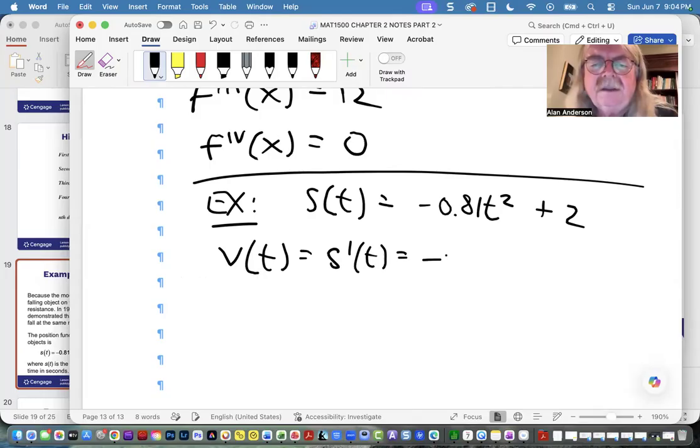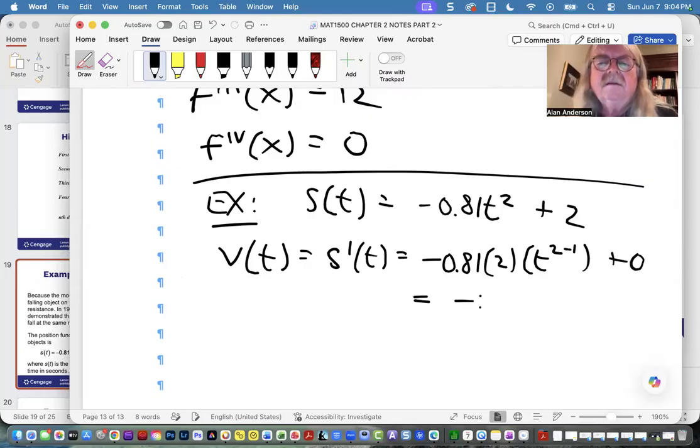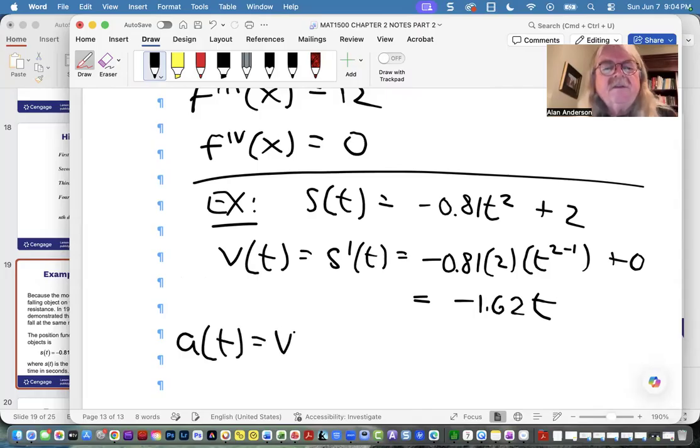All right, here we go. And then the acceleration can be thought of as either the first derivative of the velocity or the second derivative of the position.